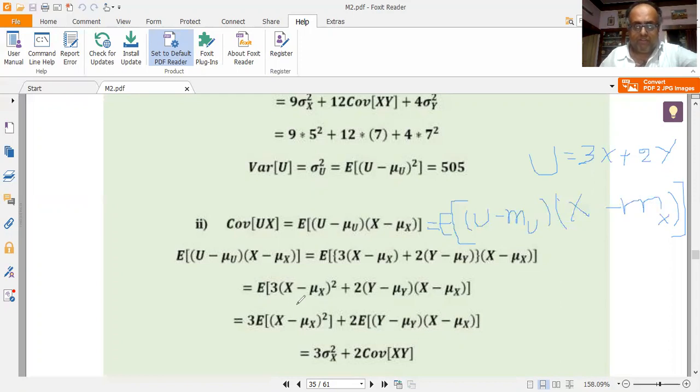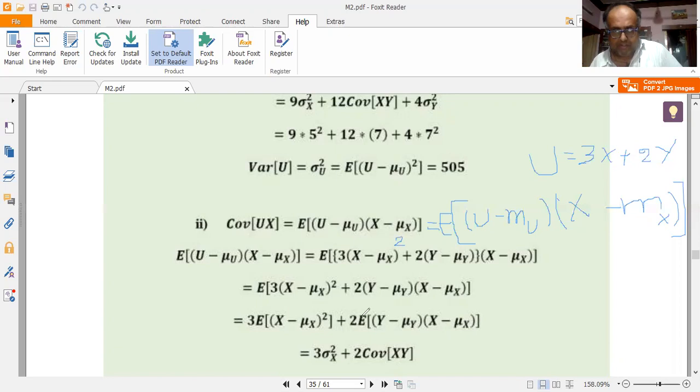Right? So this is equal to expected value of 3 into x minus mu x the whole square plus 2 into y minus mu y into x minus mu x. So here also I should get whole square. So this gives me 3 into expected value of x minus mu x the whole square plus 2 into expected value of y minus mu y into x minus mu x.